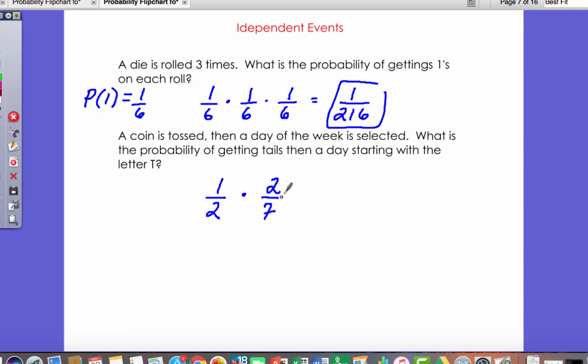Notice how picking the day of the week is not affected in any way by flipping the coin. So we get 2/14, which becomes 1/7. The probability of flipping tails and then picking a day of the week that starts with T is 1 out of 7.